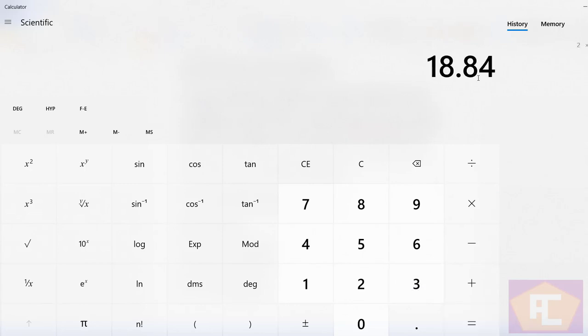This is the value that we are getting, 18.84. Now if I were to use the value of pi as 3.14285 multiplied with the radius, then this is the value that I'm getting, 18.8571. So I hope you're able to understand what exactly I'm trying to show you here.